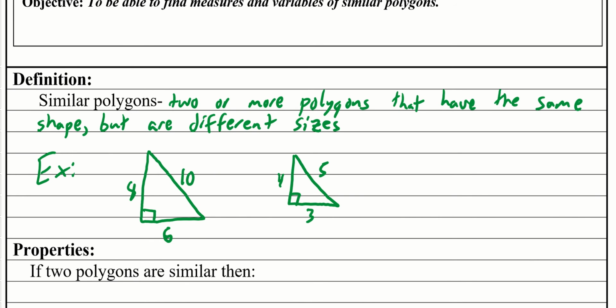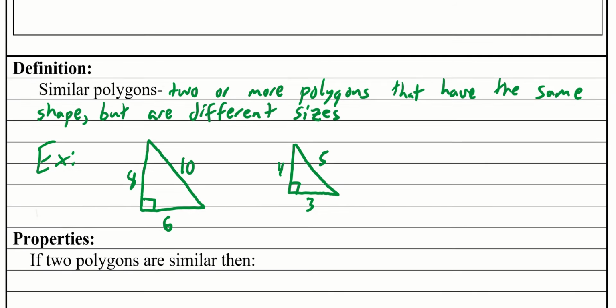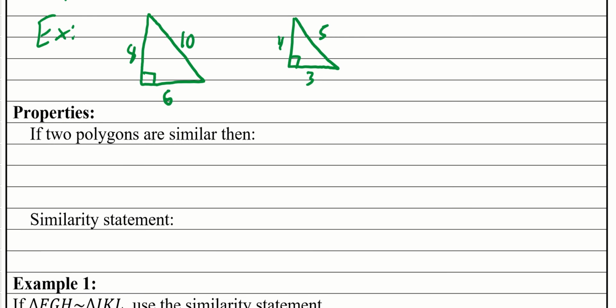Okay, this would be an example of 2 similar polygons. They look the exact same, they're the same shape, they're oriented the same way. The only difference is the side lengths on one are larger than the side lengths on the other. One's just larger than the other in general. This is important because if 2 polygons are similar, then I know some information.